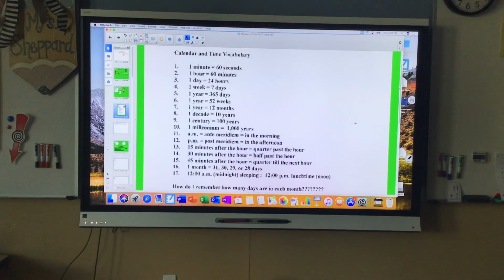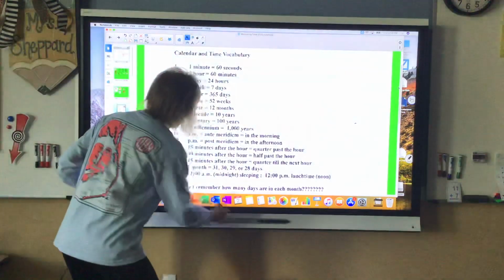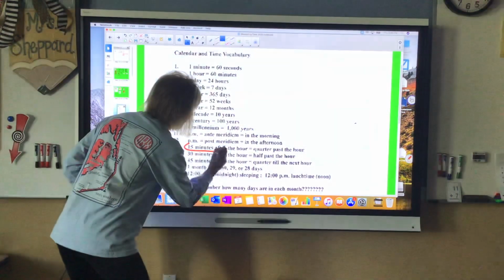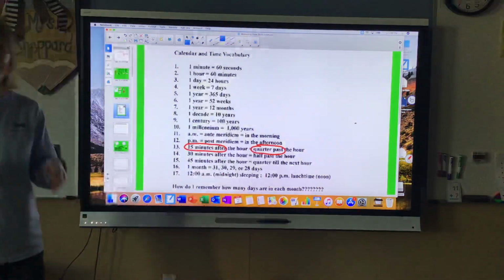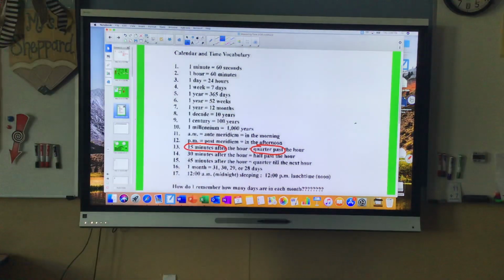We said when it's 15 minutes after the hour, another way to say that is quarter past, because there are 15 minutes in a quarter of an hour.